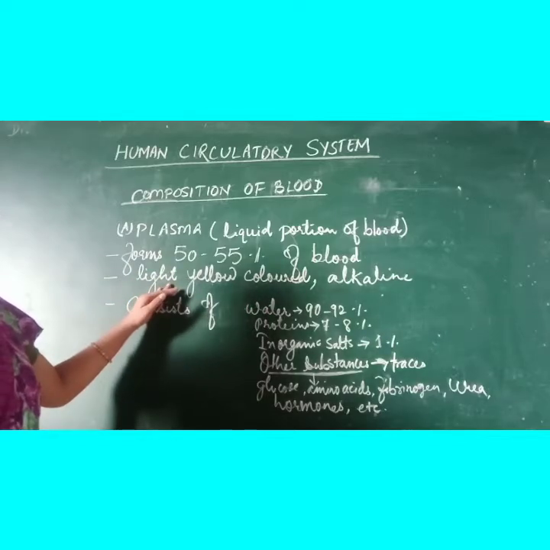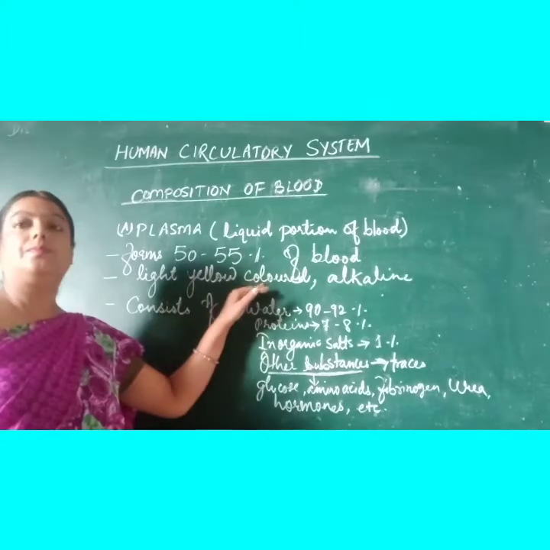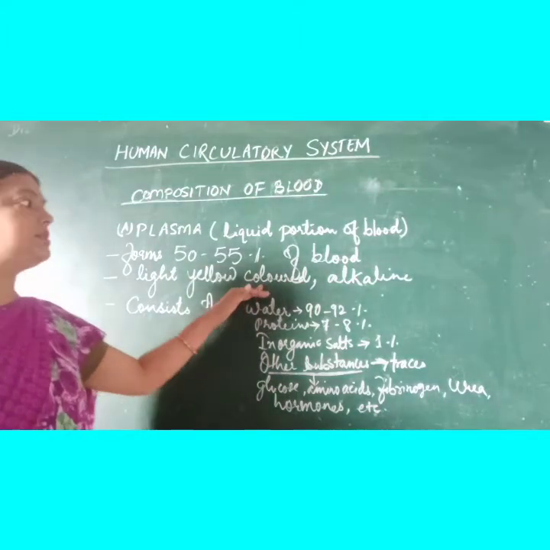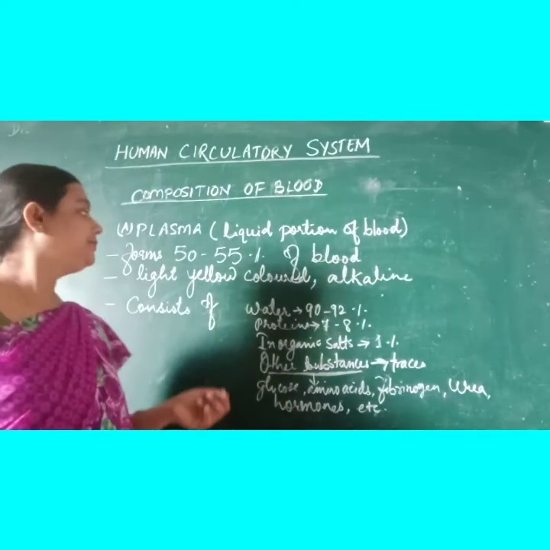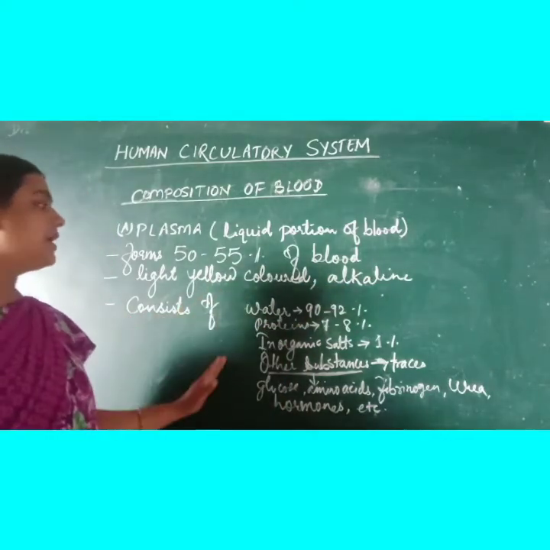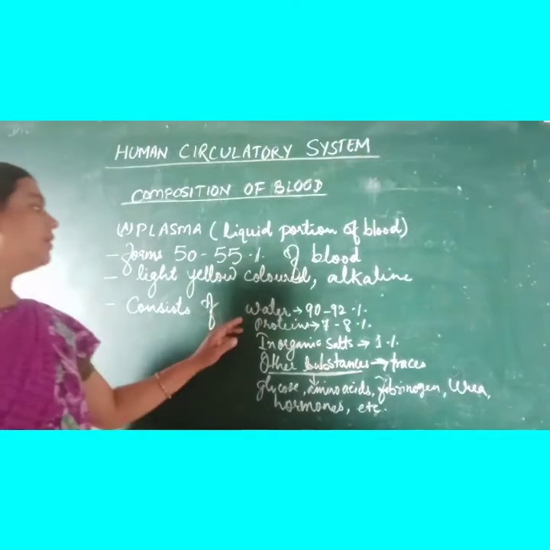Children, plasma is a light yellow colored fluid, or straw colored we can say, and by nature it is alkaline. Plasma is made up of certain substances. Let's see what these are.